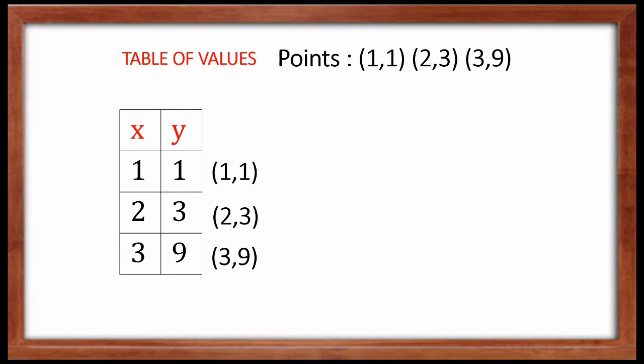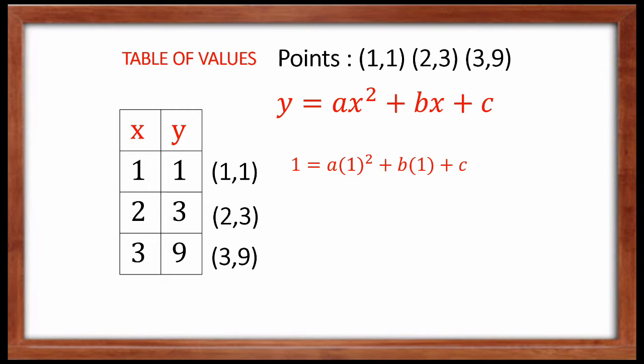Again, our table of values, the given points (1, 1), (2, 3), and (3, 9). We will use the general formula as the format of the equation of the quadratic function that we will get. Let's start with the first point, (1, 1). The value of x is 1 and the value of y is 1. What will happen to our equation?